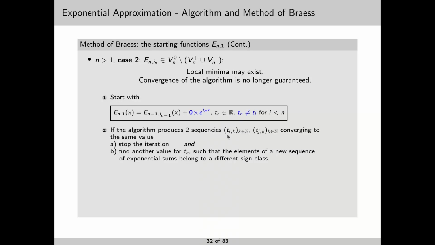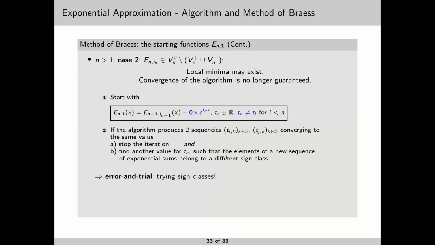If in the course of iteration sequences of two coefficients ti, tj converge to one common value, stop the iteration and try again with a different value for tn, which should be chosen such that the new sequence of exponential sums belongs to a different sign class.